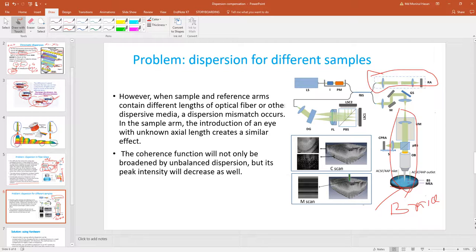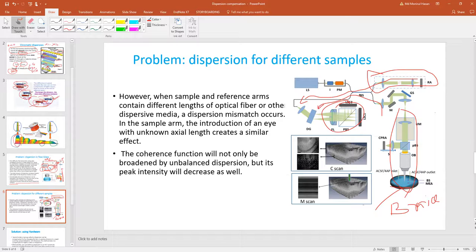Due to the change of refractive index, when the light combines in the camera on the returning path, the same thing is happening: there is a delay from one arm compared to the other. There will be a group delay of the light, which means there is a chance of dispersion. So there will be a dispersion mismatch.